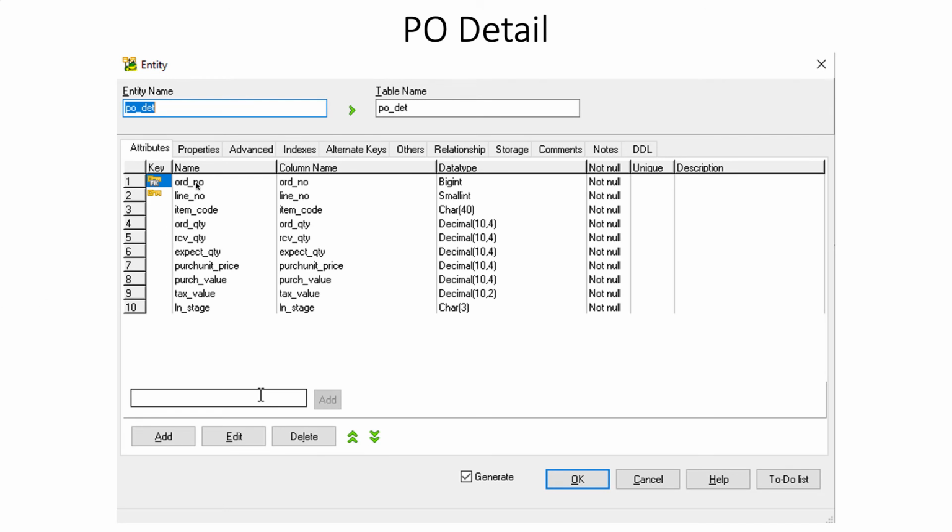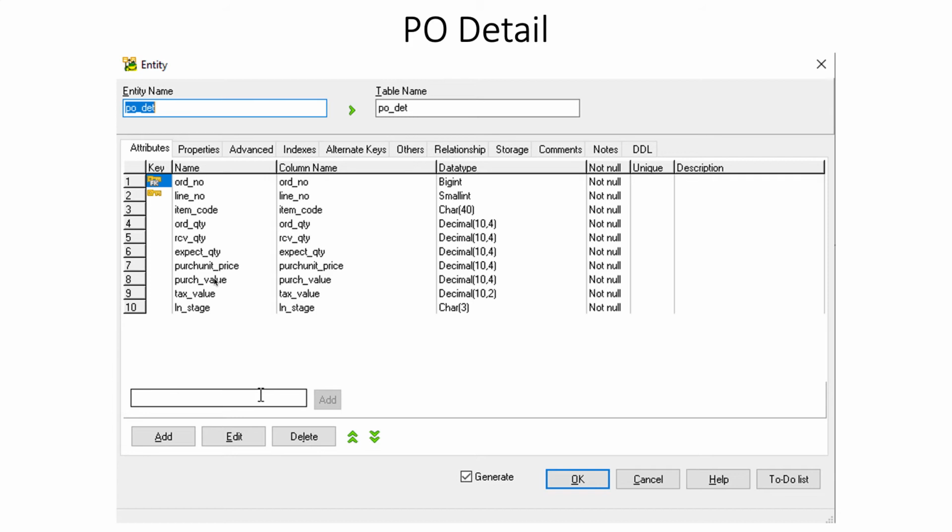So on each line of the PO detail, you're going to have the order number, so you can tie back to your header, the line number, like on the paper, line 1, line 2, line 3, the item code of what's on order on this line, the quantity you ordered, the quantity you received, the expected quantity is what you've expected but hasn't gotten here yet, the purchase price is what you are paying per unit on this line.